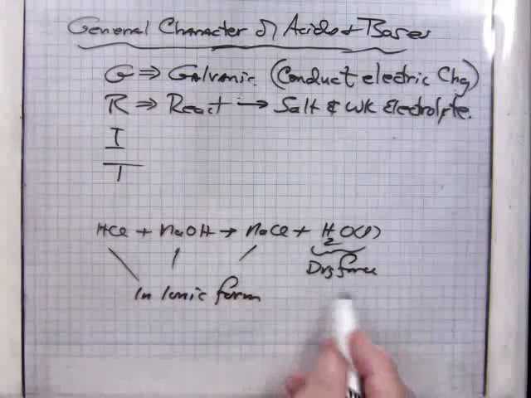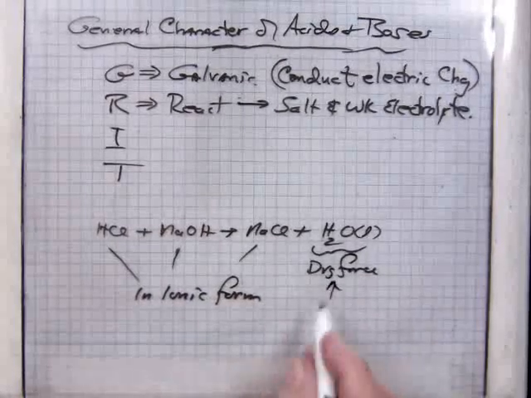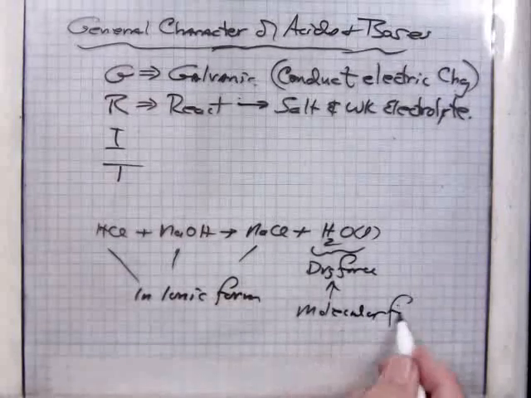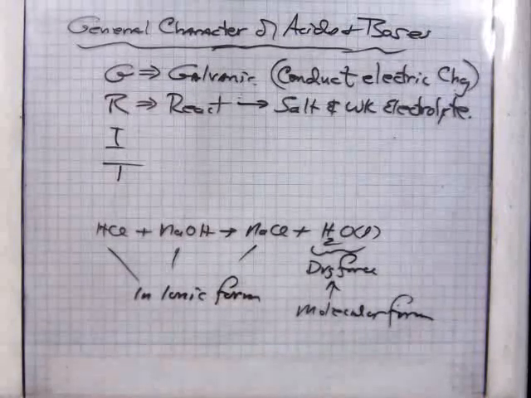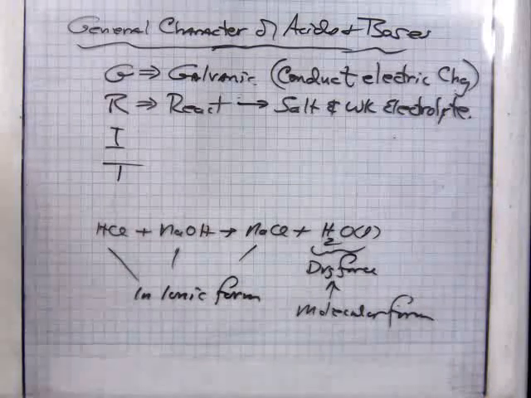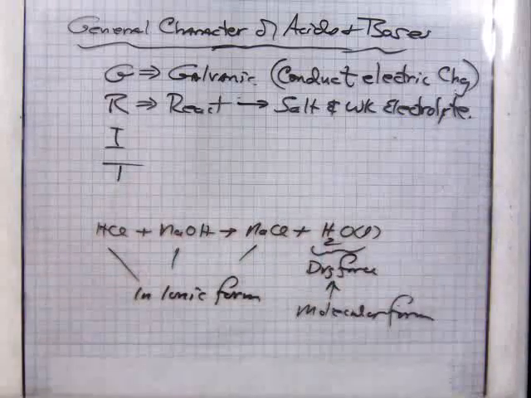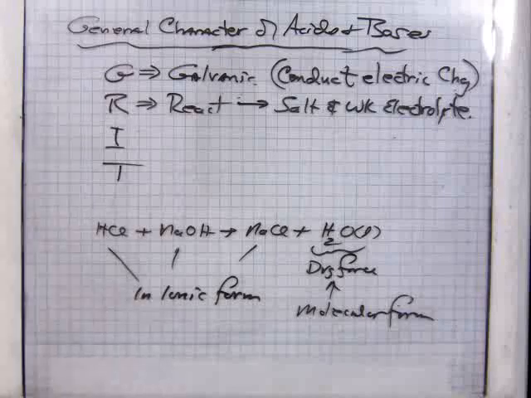But water, the driving force, is in molecular form, different from the ionic form, and that's essentially why it's called a driving force, and of course it leaves the system. But it's always acid plus base gives a salt plus a driving force.